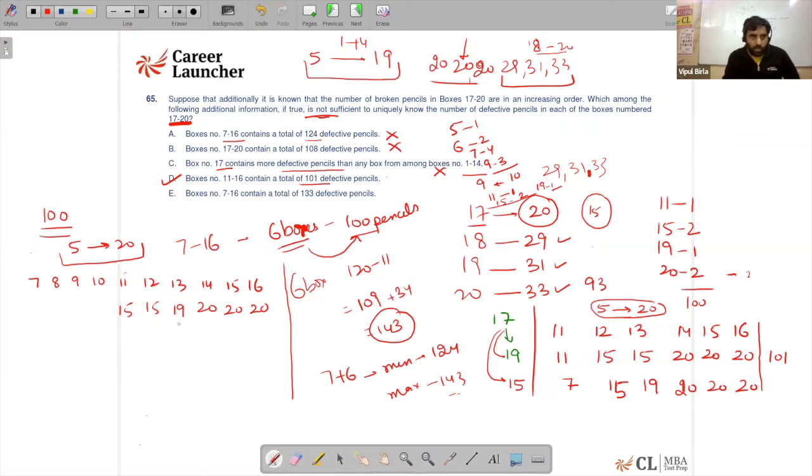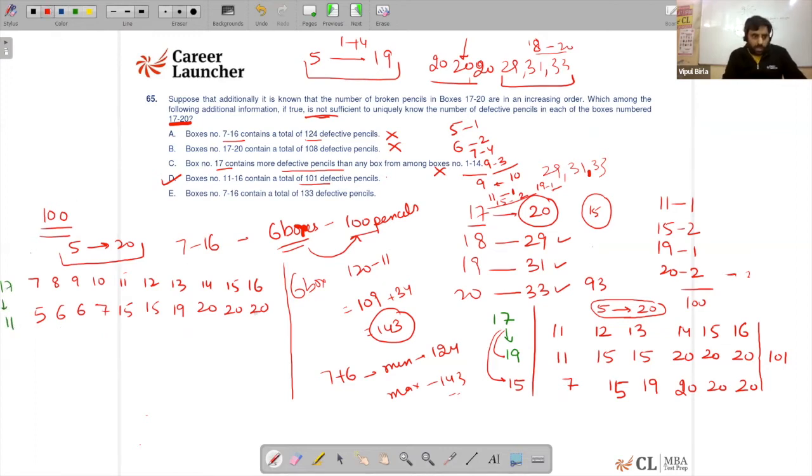So we need another 24. So that's going to be 7, 6, 6, and 5. So that makes this sum as 133. And what we have not taken is nothing but 11. So therefore, box number 17 will have 11.